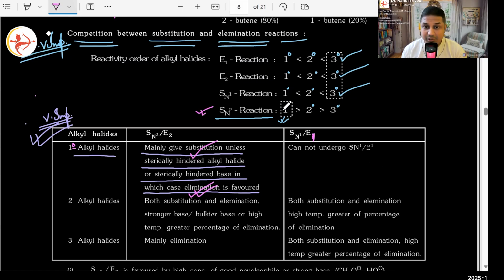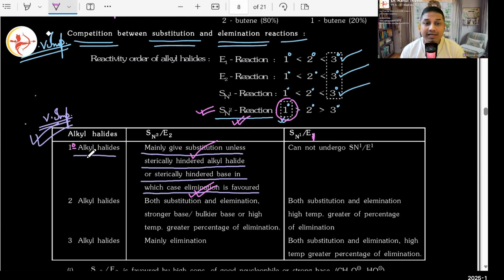I hope that part you have learned so far. Yes, I'll repeat once again, focus. For 1 degree alkyl halides, the chances of SN2 happening is highest, but elimination product may still form. That too, which type of elimination? E2 elimination. We know E2 elimination can happen in case of 3 degrees or even 2 degrees also.